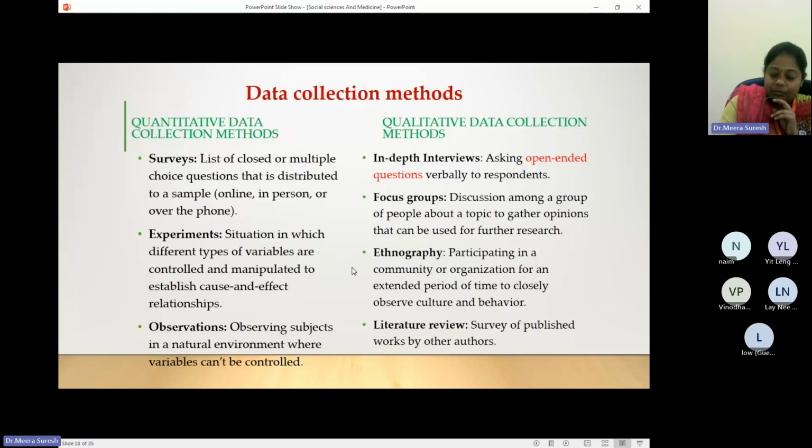So one thing, when I ask you to prepare a questionnaire, is partly breaking this structured and unstructured idea. If you are going to make a qualitative questionnaire, you should remember the pattern, the type of questions.